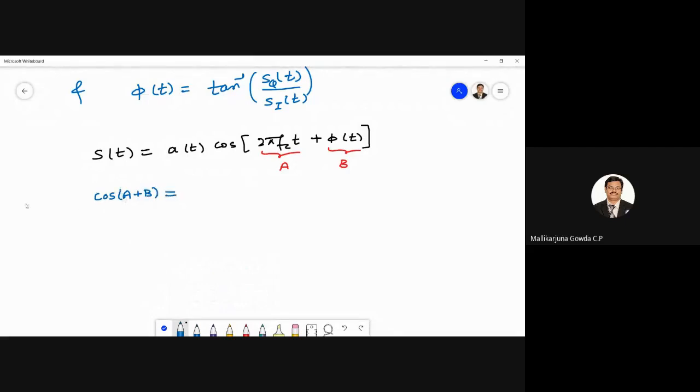Cos(A+B) is cos A cos B minus sin A sin B. Just I said what is A and what is B.